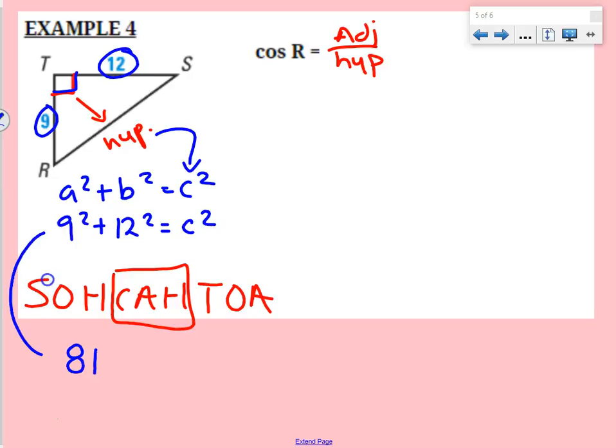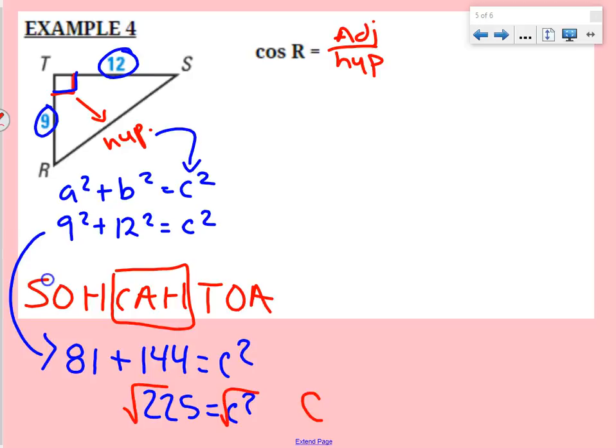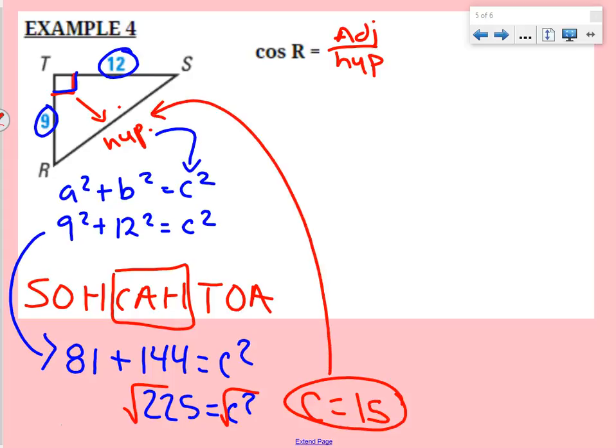I'll continue my work down here. Plus 12 squared is 144 equals c squared. 81 plus 144 is 225, which equals c squared. Get c all by itself, take the square root of both sides, and we should get c equals 15. Now we know our hypotenuse. Hypotenuse is 15.